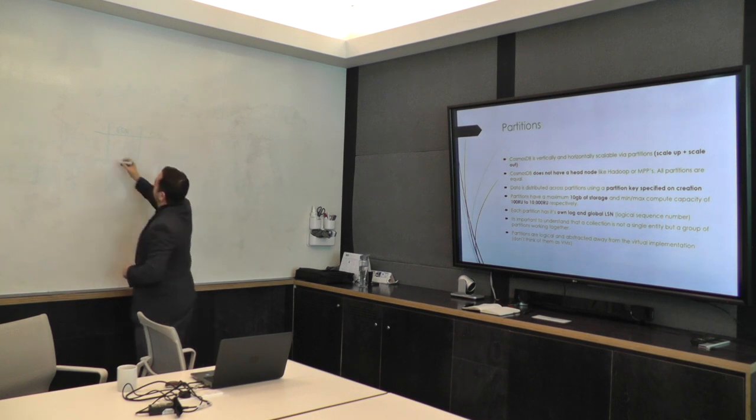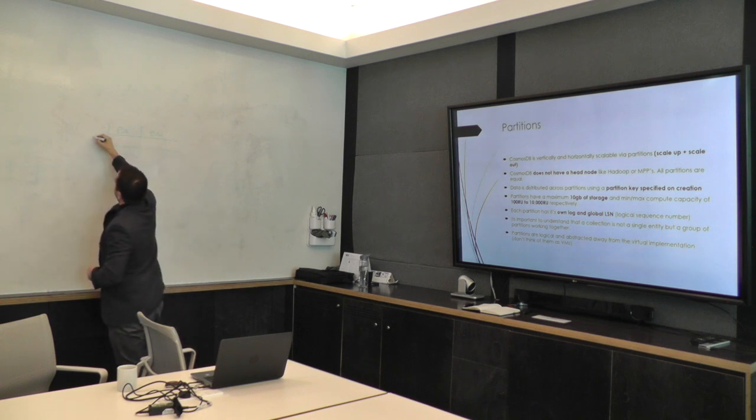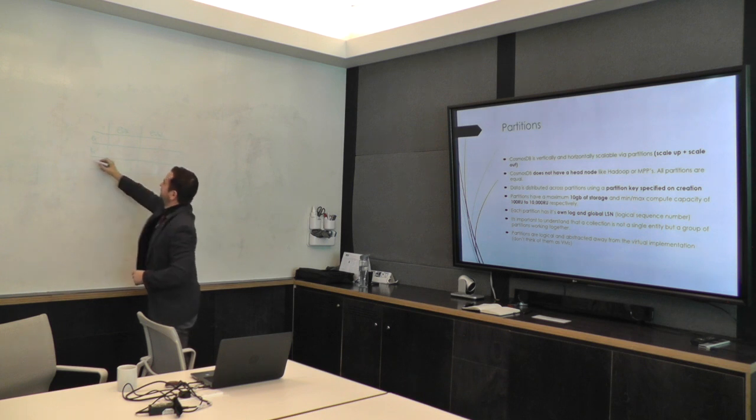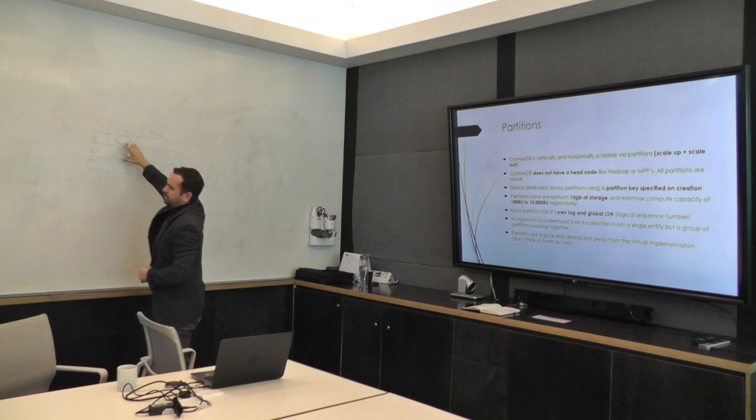Now, the way to think about this is your data is partitioned over many partitions. For this scenario, I've got 2 instead of 3. And my data is being stored here, and here, and here, but it's being partitioned across.